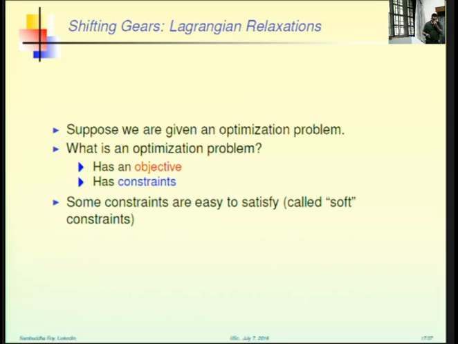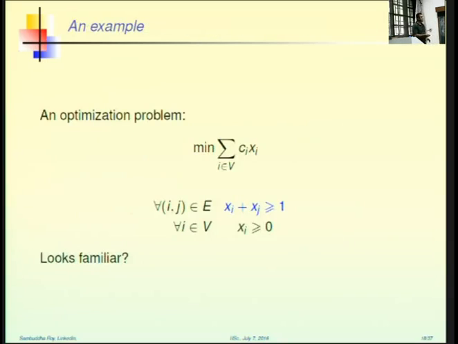Some of the constraints which you get in life are hard. Some of them are softer constraints, easier to solve for. So that's roughly what an optimization problem in the framework that we are talking about is. It has an objective and has some constraints. Does anyone recognize this problem?